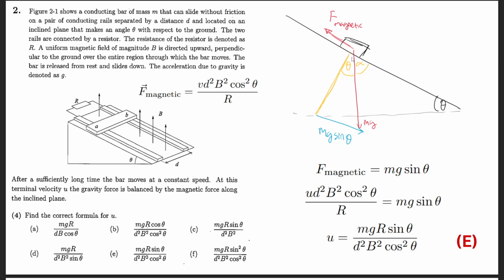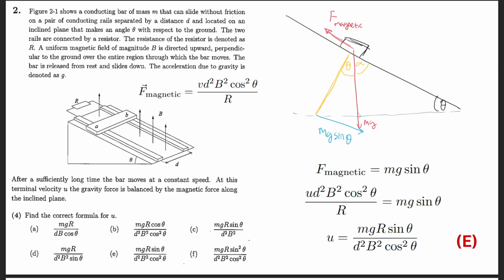And the gravity is affecting the block, so there is also the component of mg that is along the inclined plane.